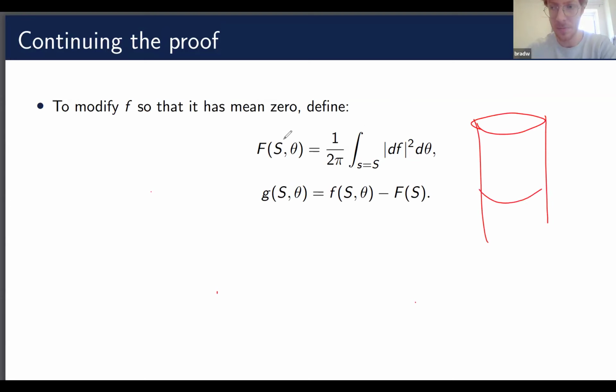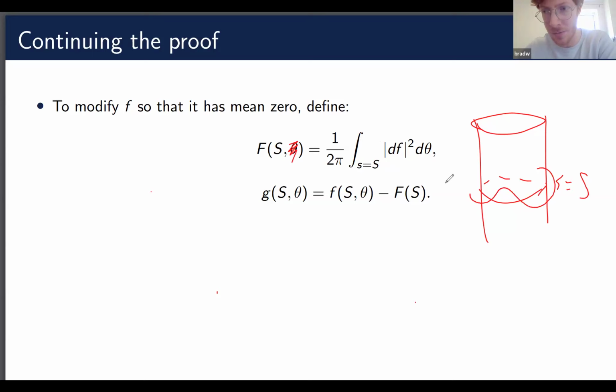And then g of s theta equals f of s theta minus this average. So I shouldn't have had theta here, that doesn't depend on theta. So the idea is that on each of these slices, g of s has average 0.